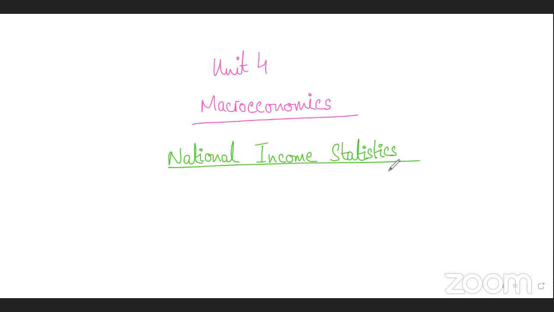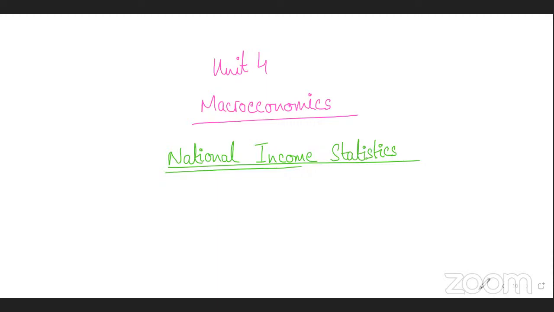Now, when I talk about national income, it's not just the income of me or my household, right? It's the income of everyone in that country. So when I say India's national income or Pakistan's national income, I mean all income of all Indians in the case of India, and incomes of all Pakistanis, if I'm trying to calculate it for Pakistan, right?